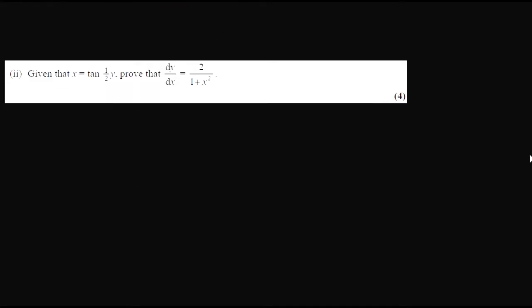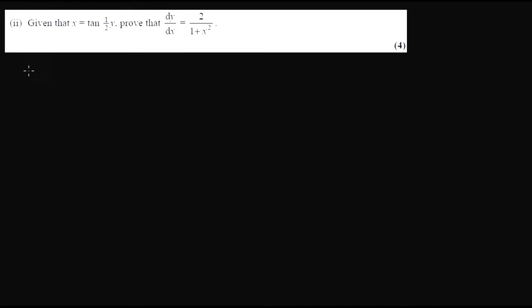The next one is another derivative of another trigonometric function, but this one is implicit. Remember what implicit is. This derivative is usually found in C4, although it's in the C3 syllabus.